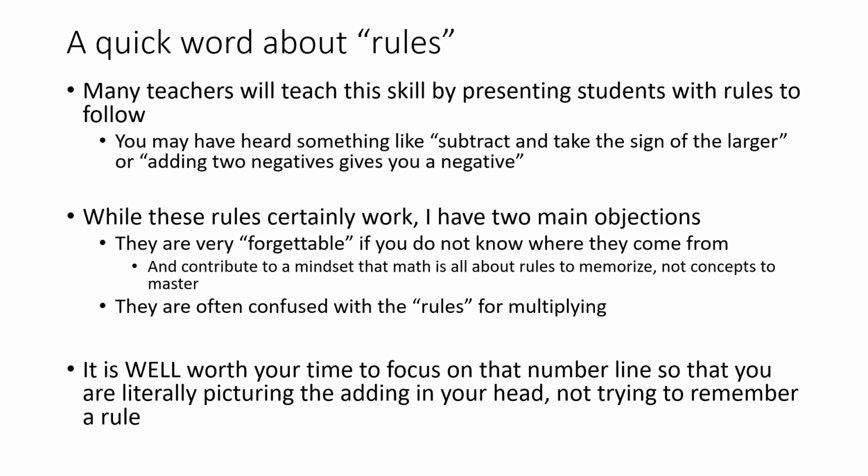So if the bigger number was positive, the answer is positive. If the bigger number is negative, the answer is negative. Now, I really don't like that because I think it gets into messing up our idea of what's bigger and what's smaller. Another way you might hear some of these rules is adding two negatives gives you a negative. Okay, so you'll hear these rules and you might have had this taught to you with rules.